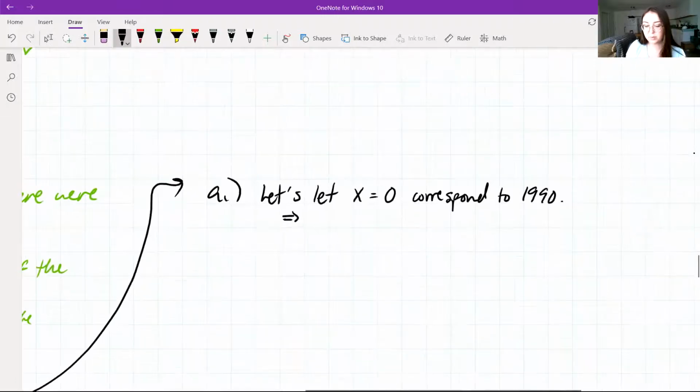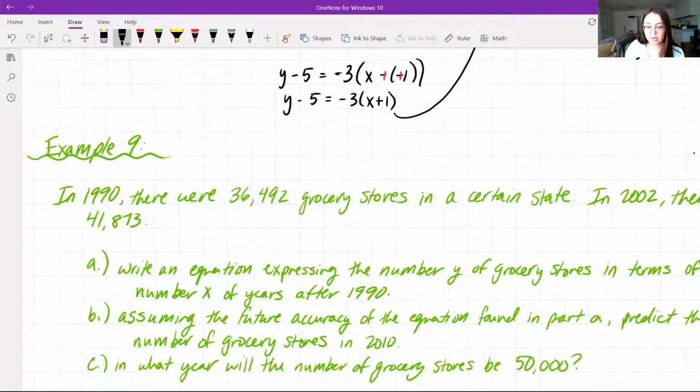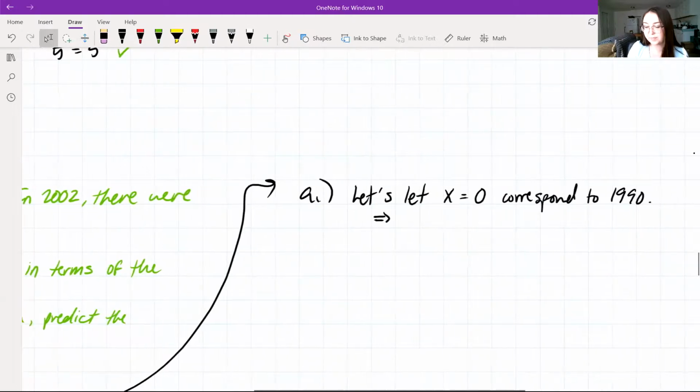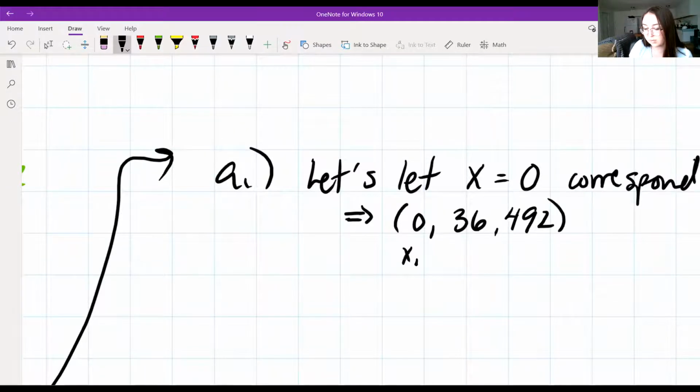This means we can have a point at x equals 0 and y at 36,492. So we have (0, 36,492). And this will be x1 and y1.